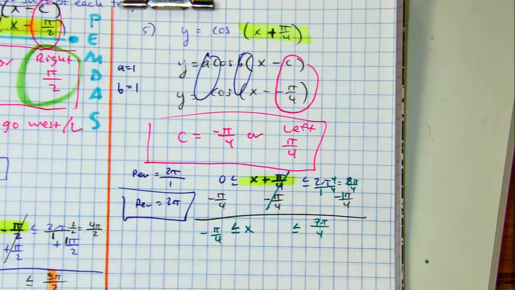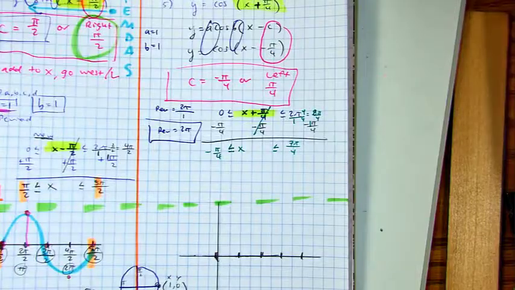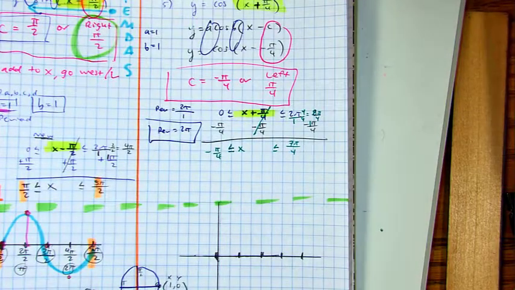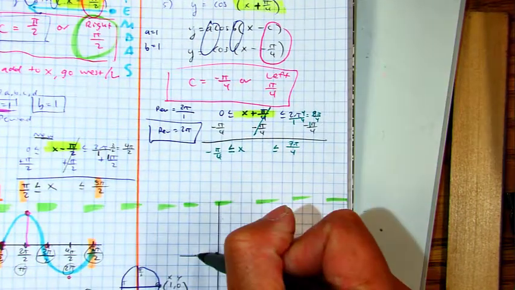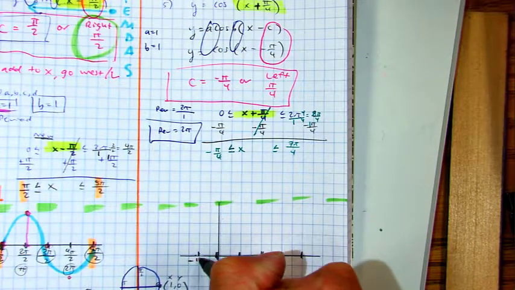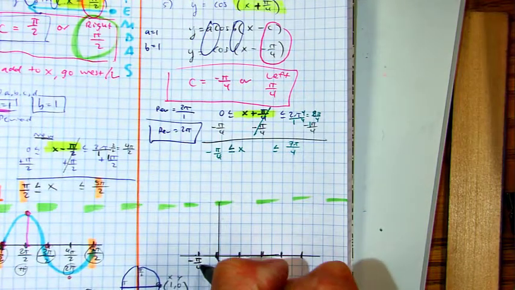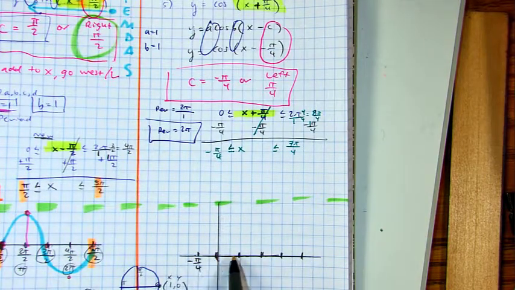Raise your hand if you got that. Class, where's negative pi over 4? To the left. So from here I count my 5 points. 1, 2, 3, 4, 5.